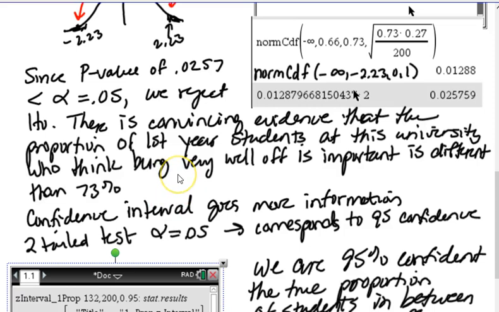So sometimes it's useful to do a confidence interval to give us more information about what that population proportion truly is. A two-tailed test when alpha is 5%, in other words, my rejection region is in both tails, 5% together, would correspond to a 95% confidence interval.